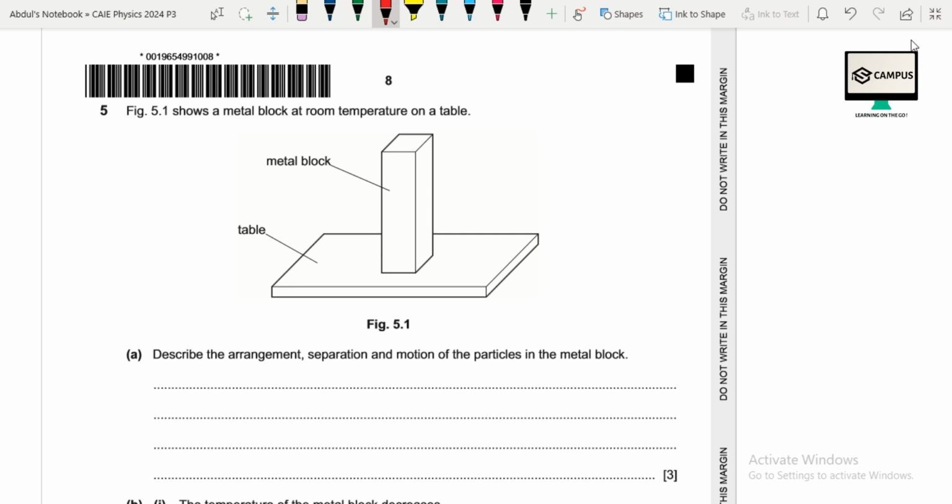All right, since it's a solid metal, the arrangement of molecules inside this metal would be fixed, a lattice structure. So particles arranged in fixed positions. As far as separation is concerned, the separation is very, very small as compared to the arrangement of molecules in liquids or gases.